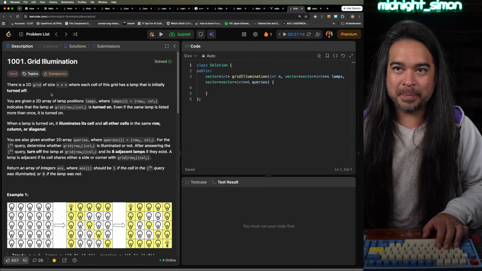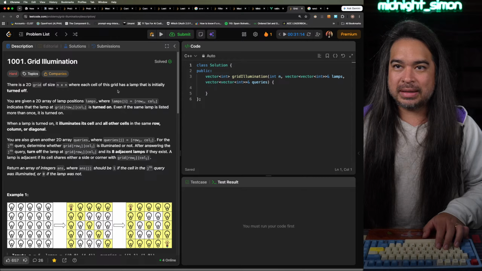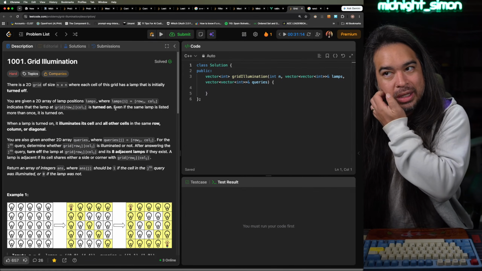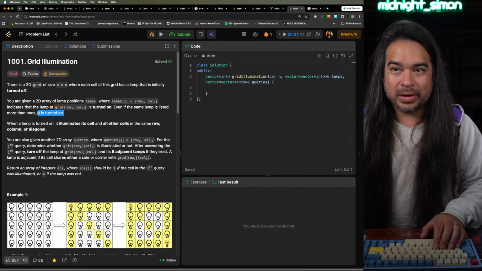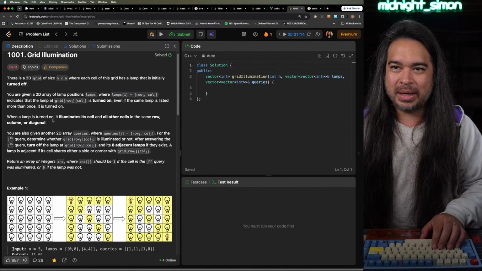Alright, fair game then. There's a 2D grid of size n by n where each cell of this grid has a lamp that is initially turned off. You are given a 2D array of lamp positions, lamps, where lamps[i] equals [row, col] indicates that the lamp at grid[row][col] is turned on. Even if the same lamp is listed more than once, it is turned on. When a lamp is turned on, it illuminates its cell and all other cells in the same row, column, or diagonal.